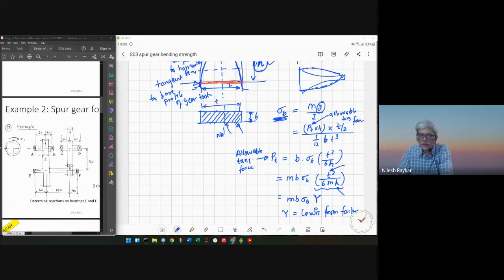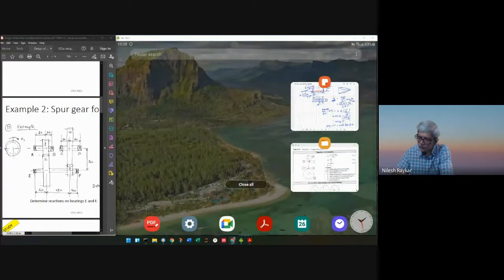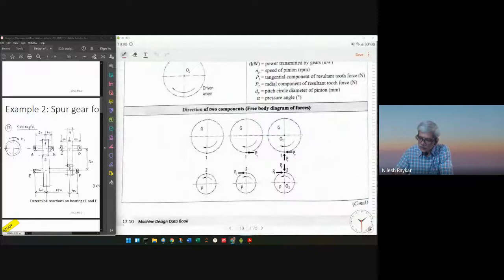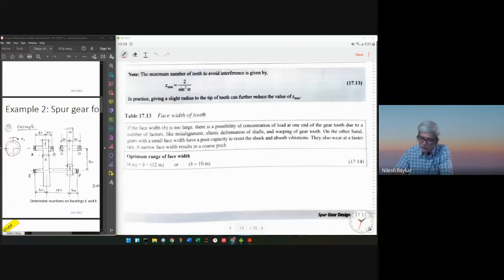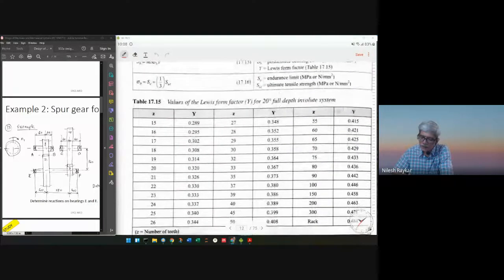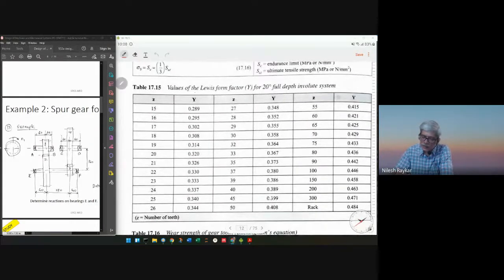Lewis and his team compiled this data for a large number of different gear profiles, and this data is available in terms of the number of teeth. So Y is available as a function of the number of teeth, and that is available to you in the design data book. If you look into the design data book, you will get a table of the Lewis form factor for the 20-degree full depth involute system, which is the most common.